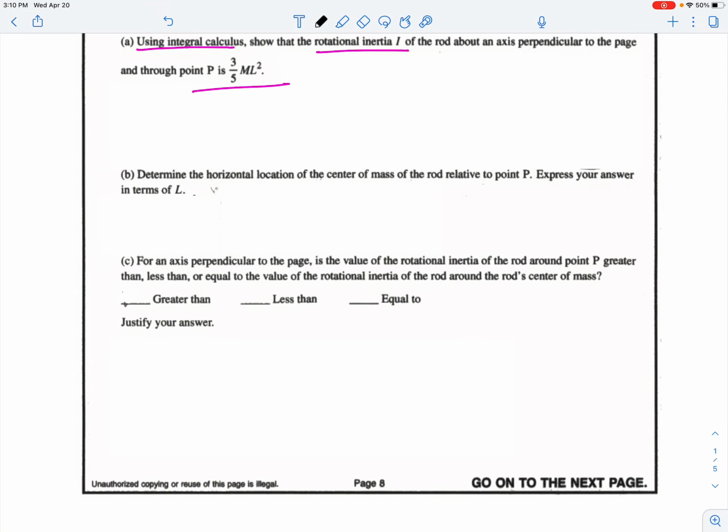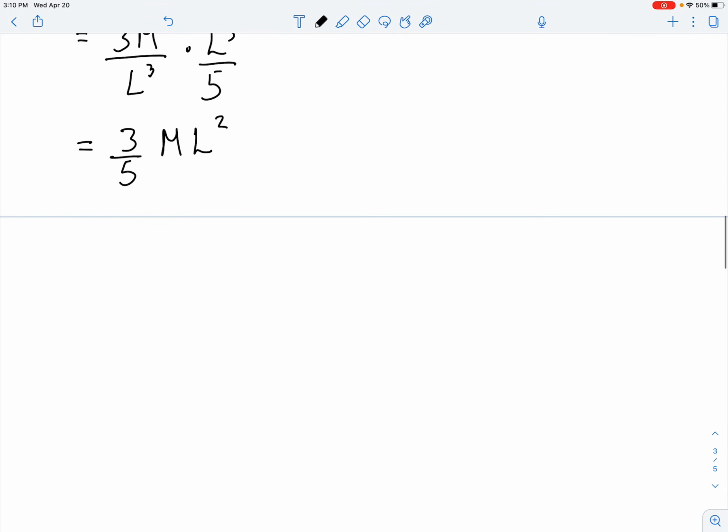So, what do you need to know for x of c or x cm? It's the same as what you just did. X cm, I think, is just the integral of x dm over the integral of dm, or something like that. I can't remember totally.